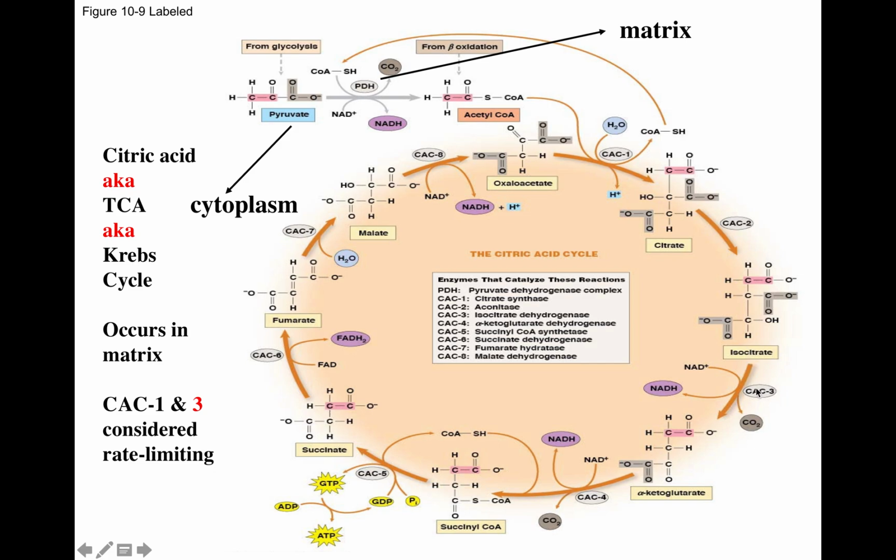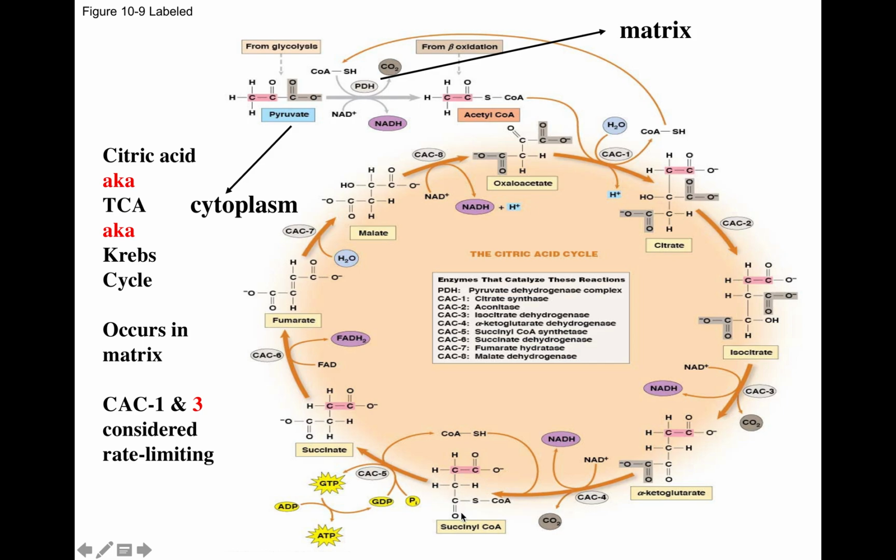Isocitrate gets decarboxylated, one of the carbons comes off, becomes a 5-carbon molecule, alpha ketoglutarate, and NAD gets reduced to NADH in that reaction. Alpha ketoglutarate also gets decarboxylated, going from 5 carbons to 4 carbons, CO2 is released. These are CO2s you breathe out, just like up here. And it becomes a 4-carbon molecule, succinyl-CoA, with CoA.